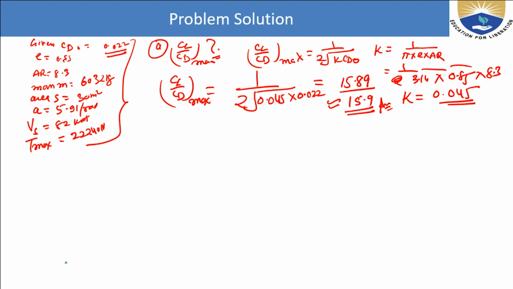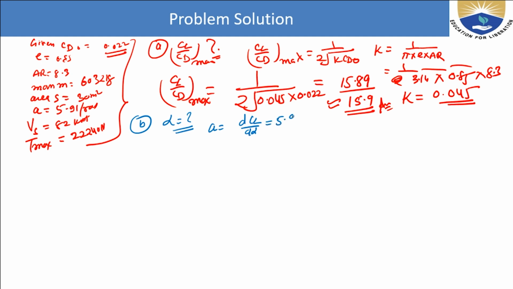So if we see problem b now, in problem b it is asked to find the angle of attack. So we know that a is equal to dCL by d alpha, and this is given.